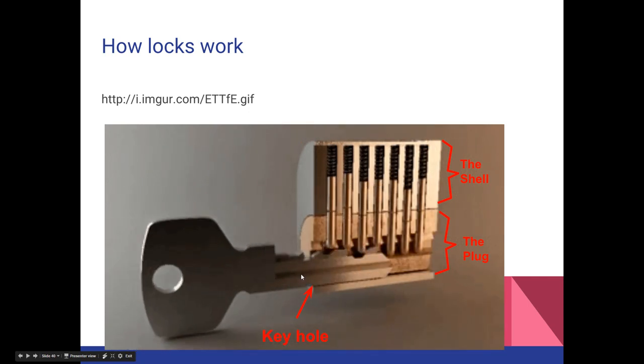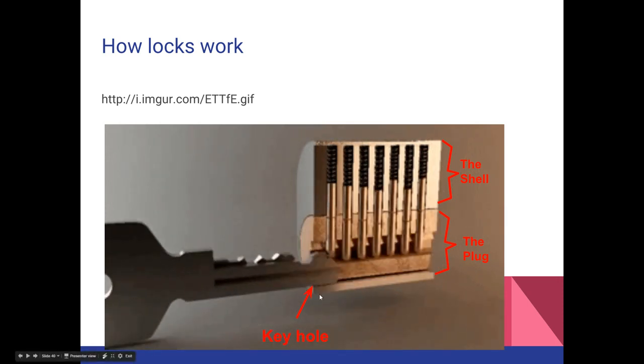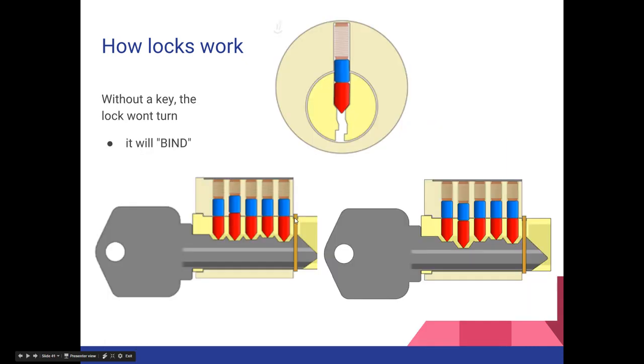Now, from an attacker's perspective, all you will see is what you can see into the keyhole and what you can stick into it. Without a key, a lock should not turn. Instead, it will bind. From the front perspective, that's because the top pin is keeping the plug from rotating within the shell.